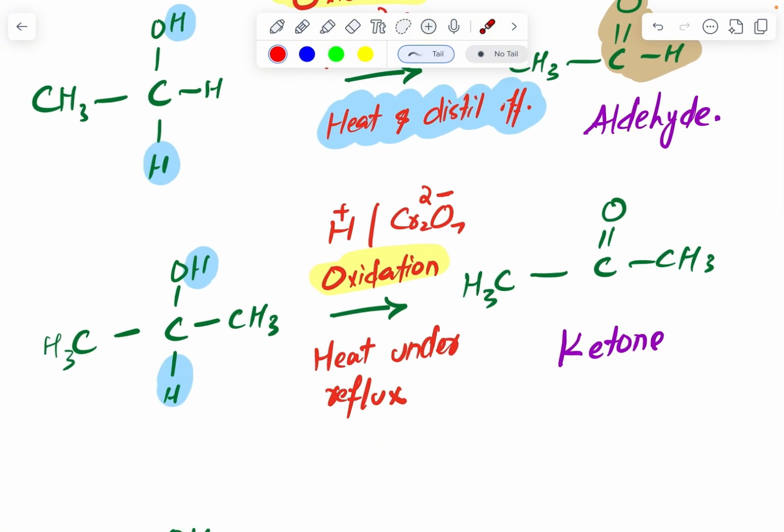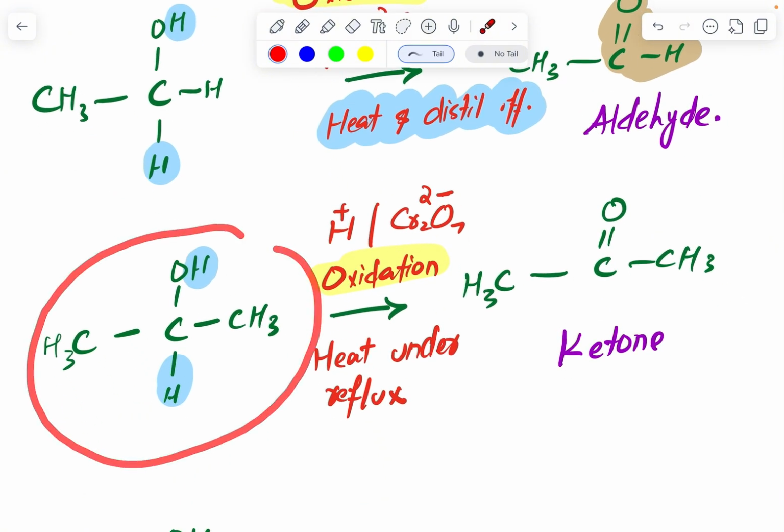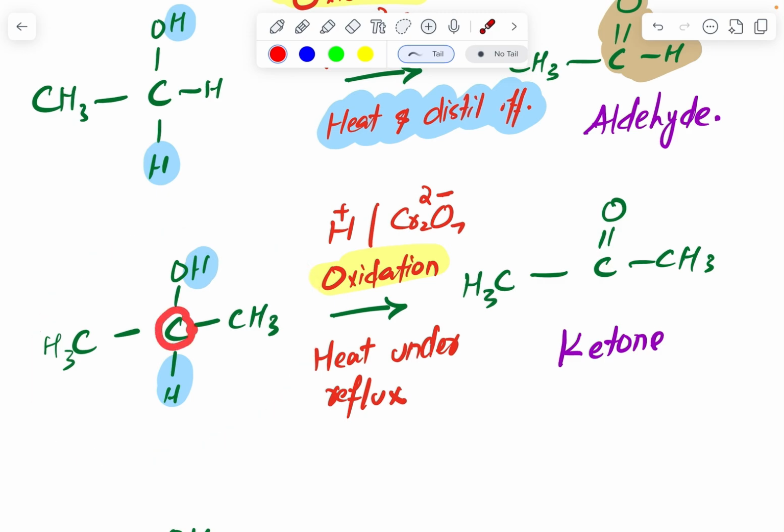equation. You can see that this is the secondary alcohol. Why is this a secondary alcohol? You can see that this carbon is bonded to two carbon atoms directly. Apply the same trick: remove hydrogen from the alcohol functional group and remove the hydrogen from the same carbon atom. So you will end up with the ketone. When you remove this hydrogen, you get the double bond.